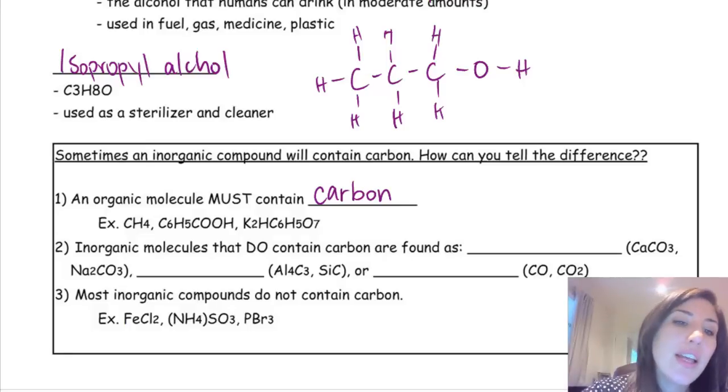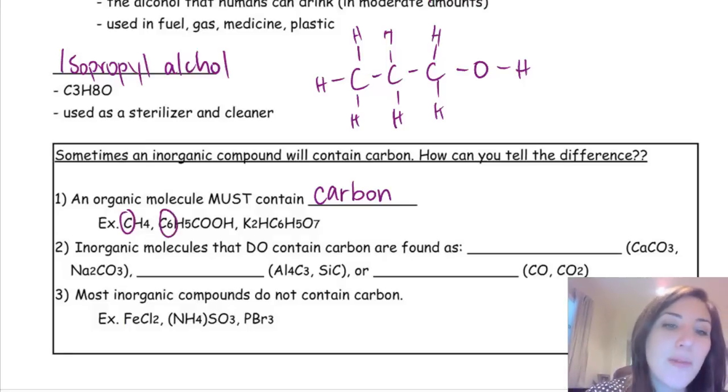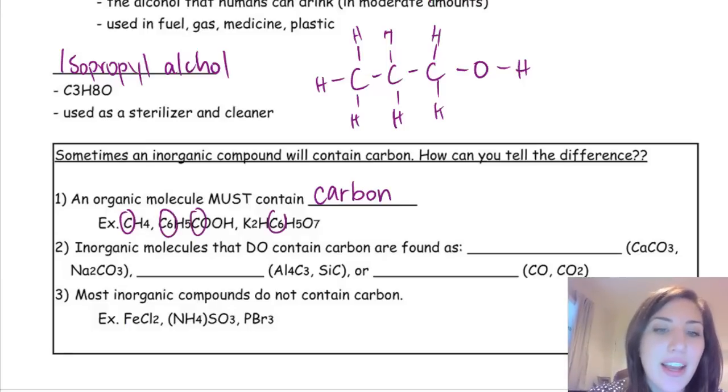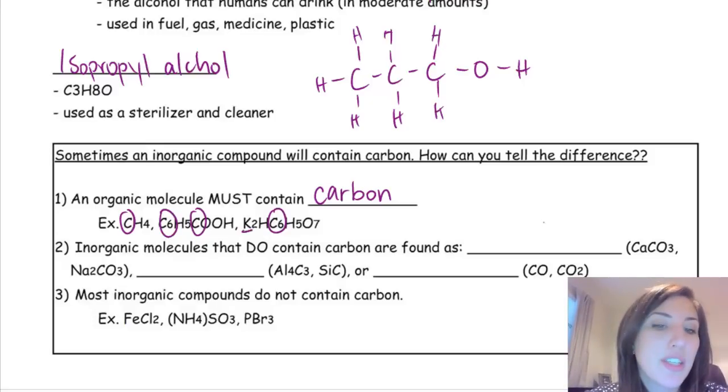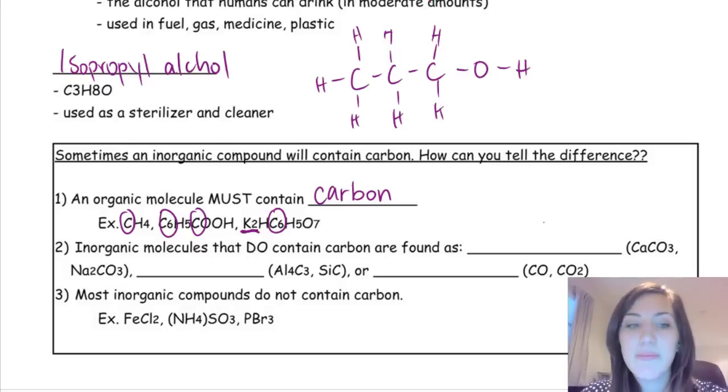So here's our carbon, here's another carbon in that guy, here's carbon. All of these molecules are organic because they contain carbon. Usually the carbon is first, but as you can see here, K2, potassium. So in this case, the C is not first, but it's still an organic molecule.